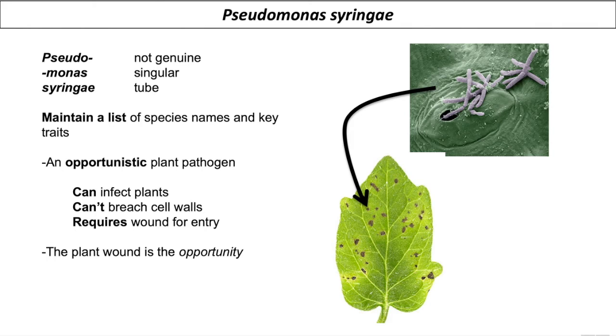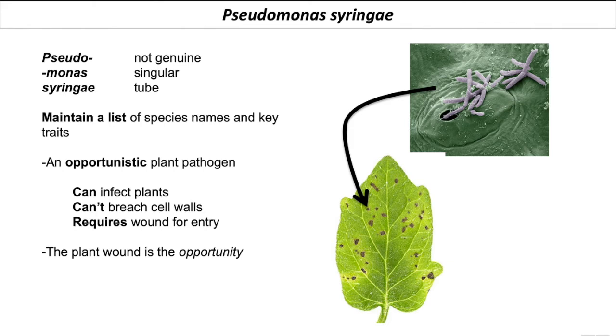The syringae refers to the first plant that it was isolated from, which had these very narrow tube-like branches. But it turns out that Pseudomonas syringae, the bacterium, makes a needle-like structure as part of its infection mechanism. So people were predicting ahead that syringe would be an important name for this organism.